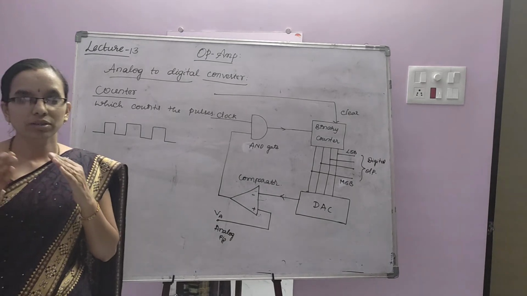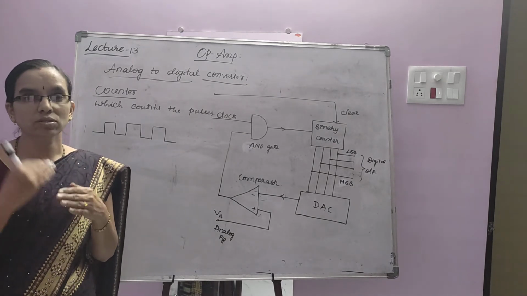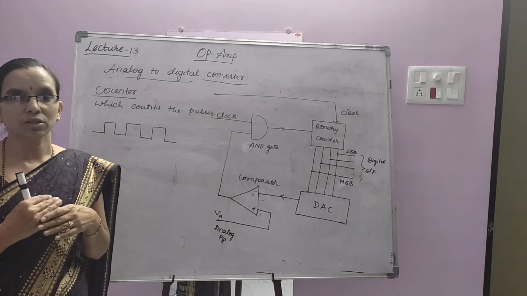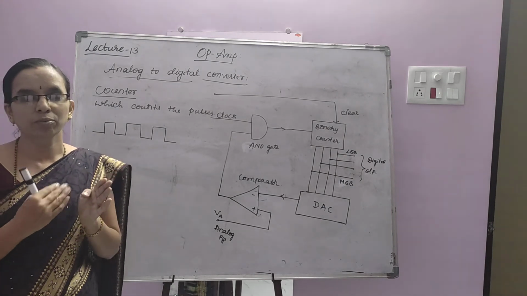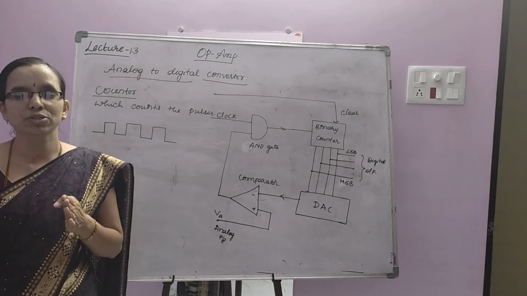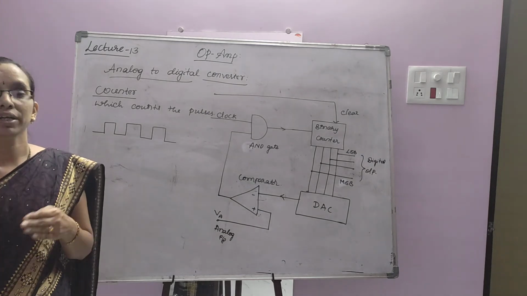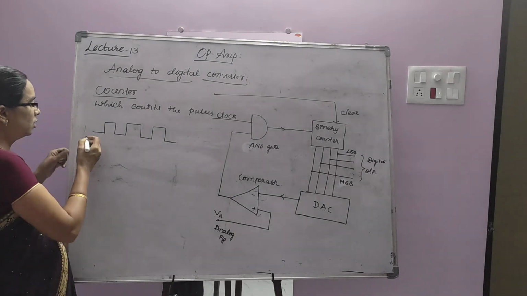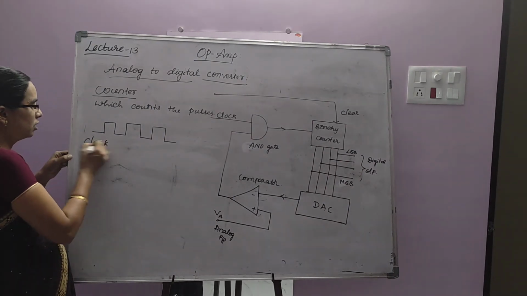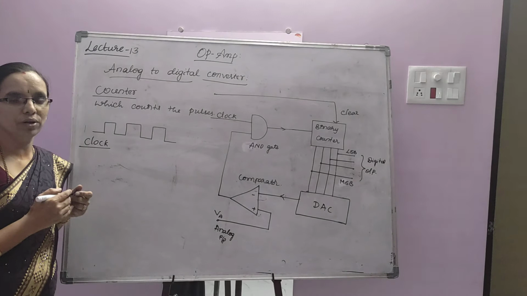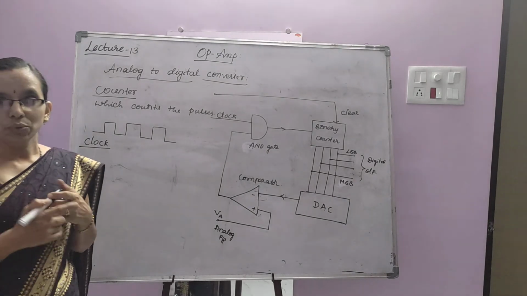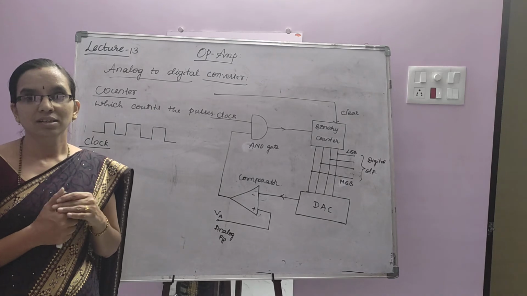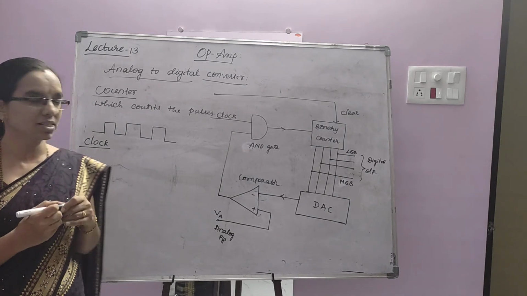There will be lots of circuits inside the digital system. So to monitor that circuit, once we have taken the input, then only it should process, then only it should give the output. That monitoring and coordinating of the digital system is done by a clock. That is, the clock signal is a square waveform which coordinates the digital system.